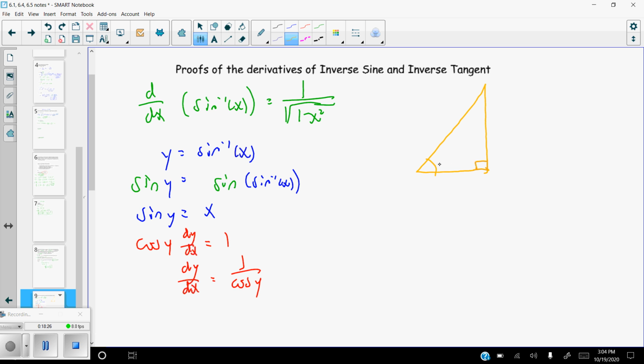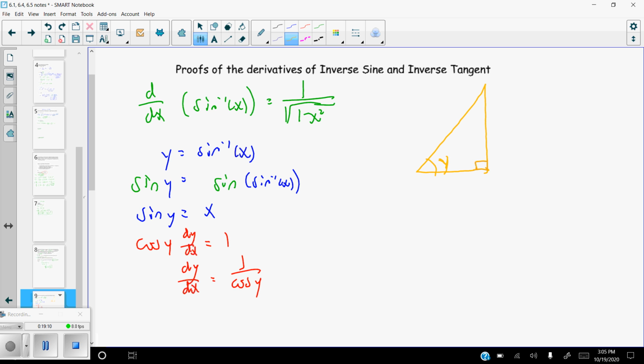So this right here would be our angle y. Scratch what I just said, let's go back. I apologize. The sine of y is defined to be x.